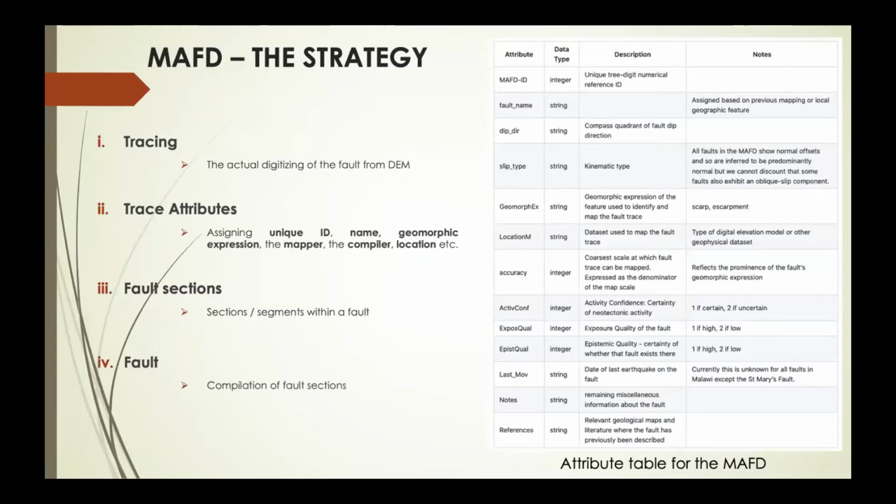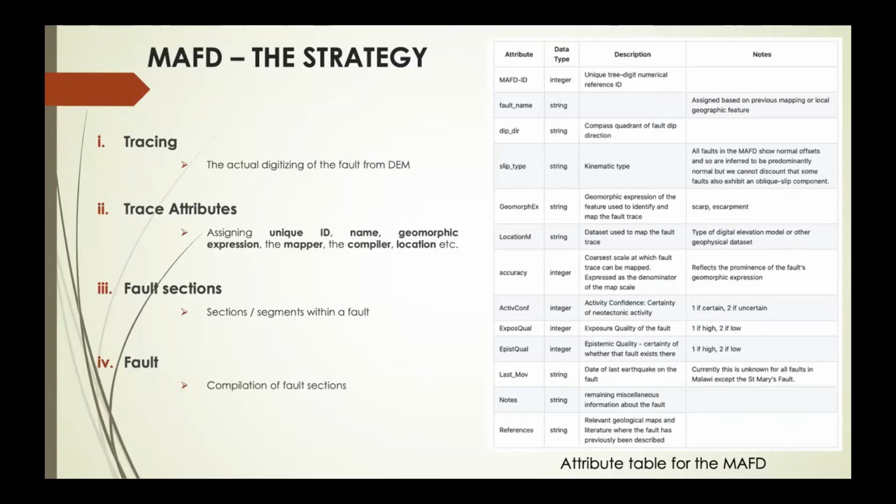So the strategy, I've already said this, we had the actual tracing, that was the actual digitization of the fault from the DEM. Then after digitizing, we had to assign unique attributes for each and every trace. And fault sections, segments within a fault, for example, we had faults like the Mid-Lake Takataka fault that is made up of different segments.